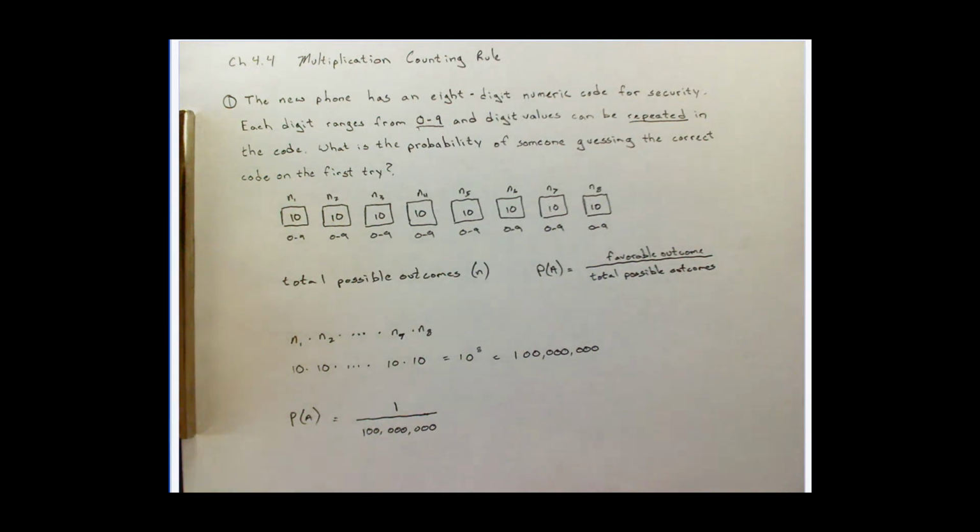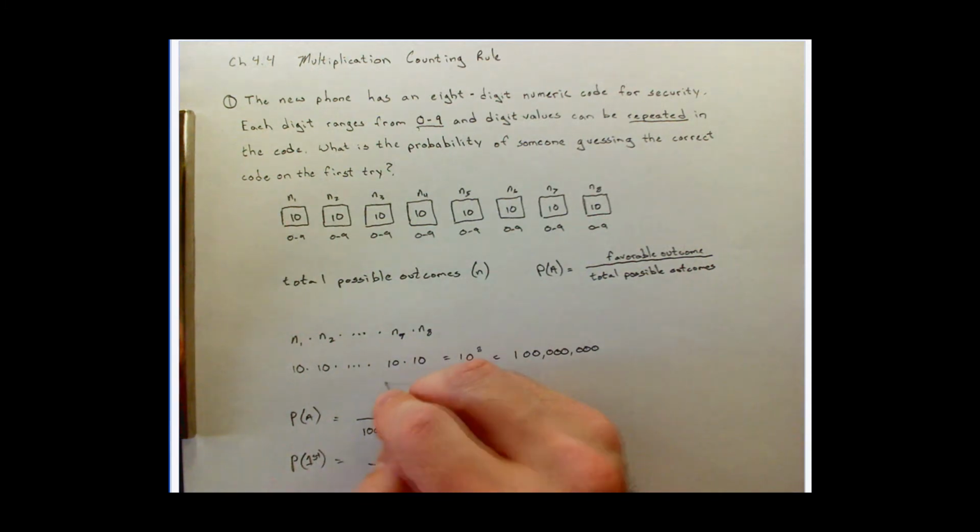And of course, what our phones do is they put limitations on how many times the code can be entered, and you get to set that within your settings. I had to say that this was the probability of the first try. Well, if I looked at it and said, okay, what about after 3 tries? Well, this would be the first one, right?